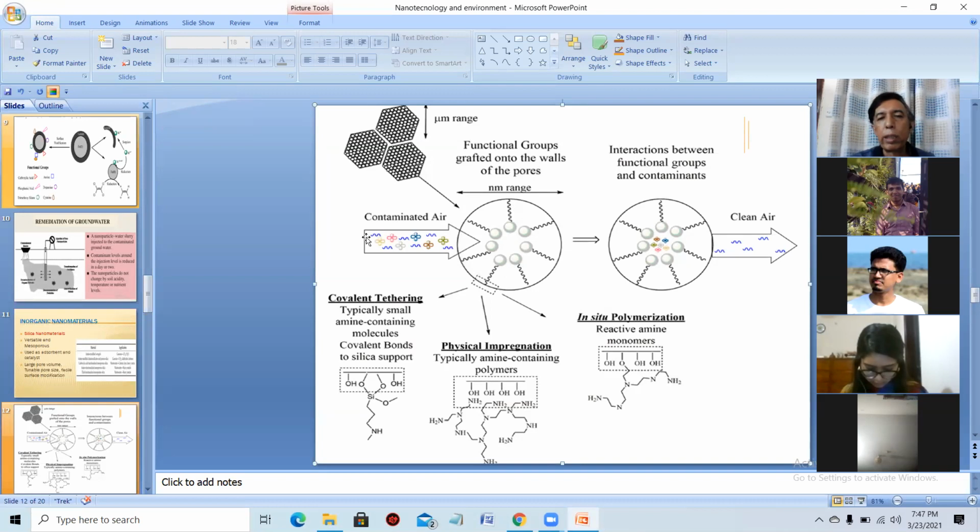Now, these are the contaminated air. These are the contamination.